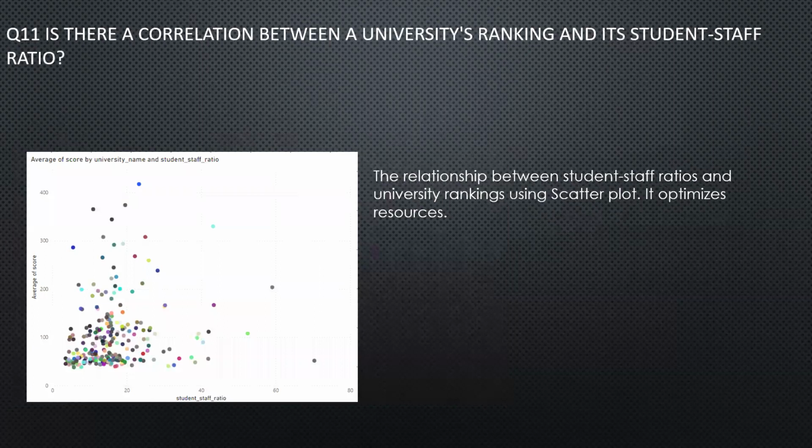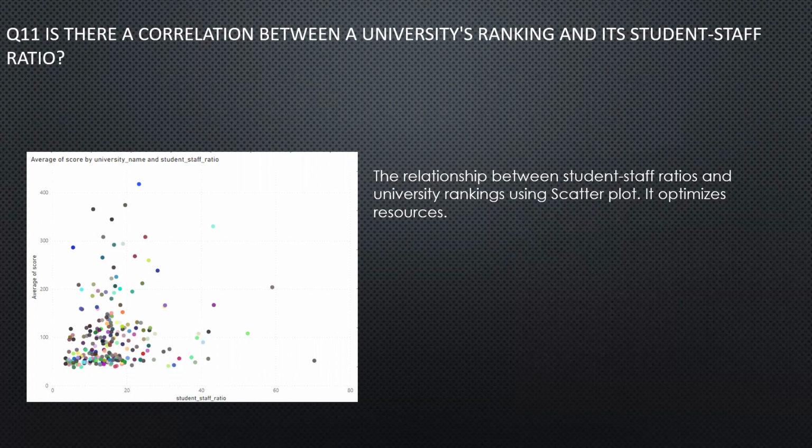So next one, is there a correlation between a university's ranking and its student staff ratio? So here we have plotted a scatter plot. Examining a university's rating and its student staff ratio reveals insights into institutional performance. Further study can also uncover factors affecting this link, even if direct correlation isn't immediately evident.